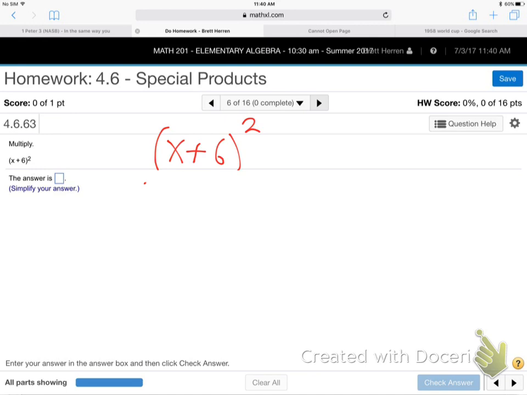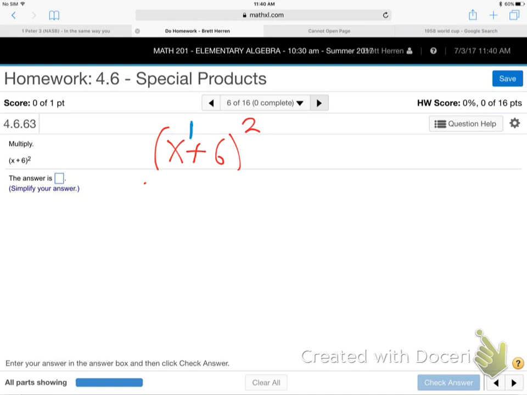So, are you ready? What did we learn? What did we do on the quiz today? Powers outside parentheses, what do they do? Multiply powers inside. What powers are inside?